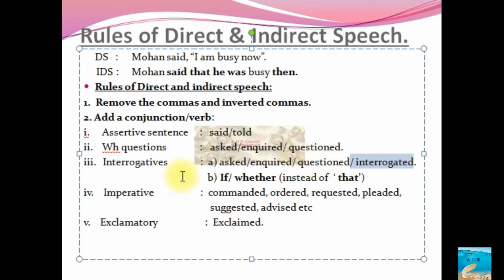There is another sub rule here. See, add a conjunction. We had seen sub rules one, two, three in assertive, WH and interrogative. There are two sub rules here. One is asked, inquired, questioned, interrogated, that you are supposed to use. The other is that you are supposed to use if or whether instead of that. So where are you going to use it? See, Raju said. Since this is a simple sentence we have used said.